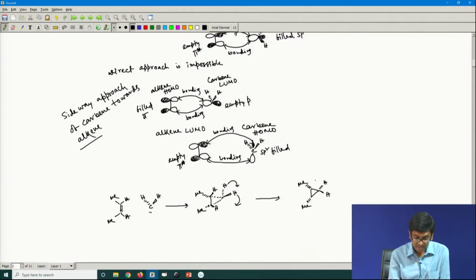Okay. So, in this case you see you have taken the cis geometry over here, and you are getting this particular stereochemistry for this cyclopropane. That is, if you take trans over here, then of course, you will get the corresponding trans one. Okay. So, this is highly stereospecific in that sense.